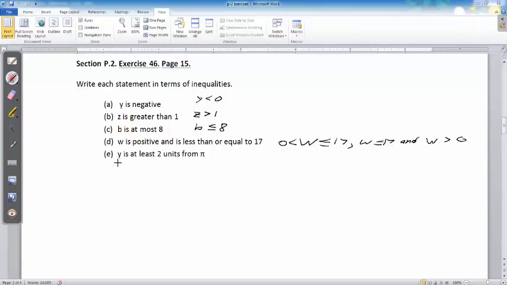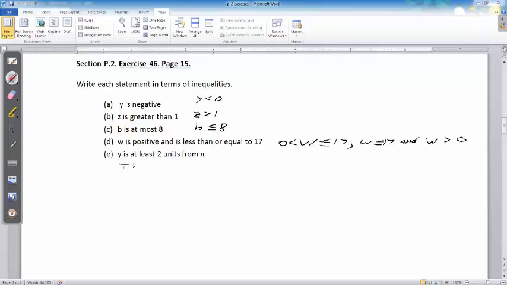So, let's think about this. If Paul is y, and someone else, say Harry, is pi, then Paul is at least 2 units, we'll call it feet. I don't want to be that close to Harry. Paul is at least 2 feet from Harry. Well, that means the distance between Paul and Harry is at least 2 units. Well, I can work that out.